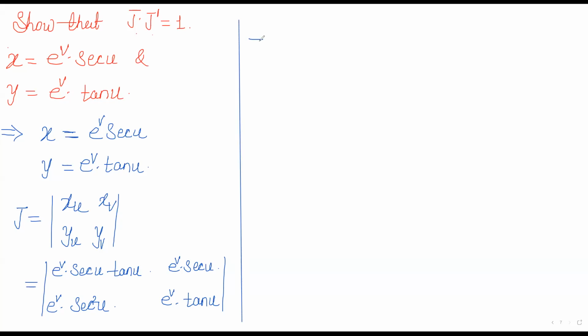Which is equal to e raised to v into e raised to v, e raised to 2v into sec u into tan square u minus e raised to 2v into sec cube u.